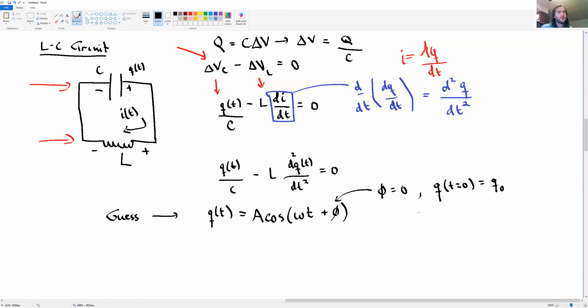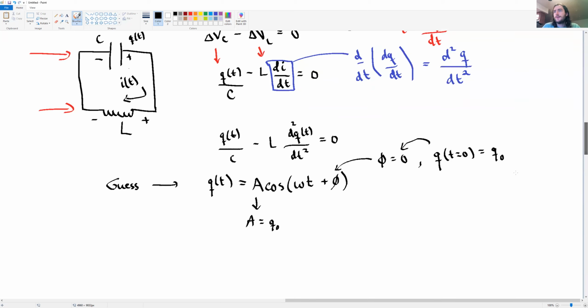The charge is going to begin at a maximum value Q0. That's ultimately going to lead to the fact that the phase angle is 0, and that A is equal to Q0. So follow the logic there for yourself and make sure that makes sense to you.